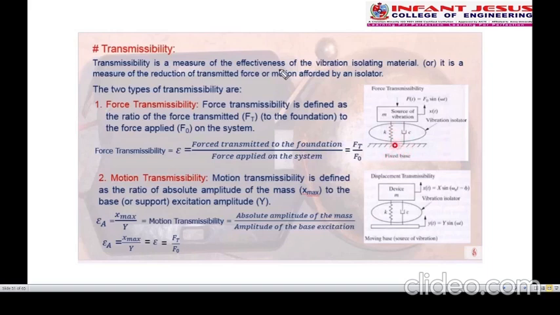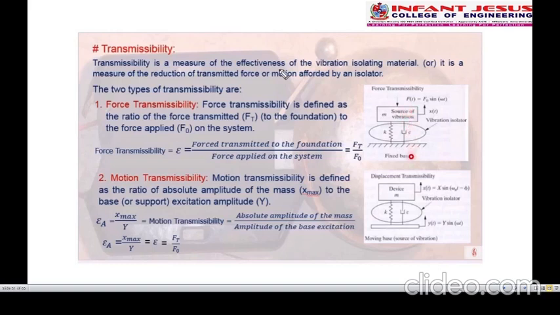We have already seen force isolation, and the same principle applies here. From the source, the applied force is transmitted to the foundation. The ratio of the vibration transmitted is called the force transmissibility. Force transmissibility is defined as the ratio of the force transmitted to the foundation to the force applied on the system.